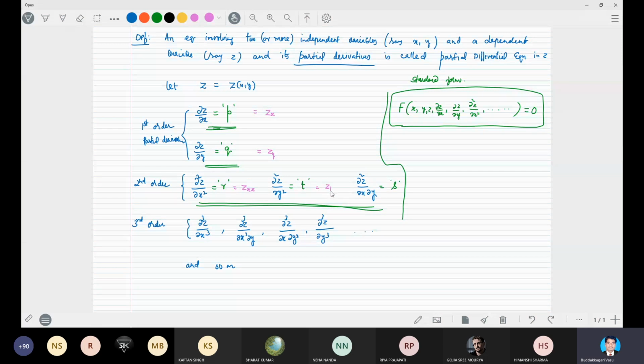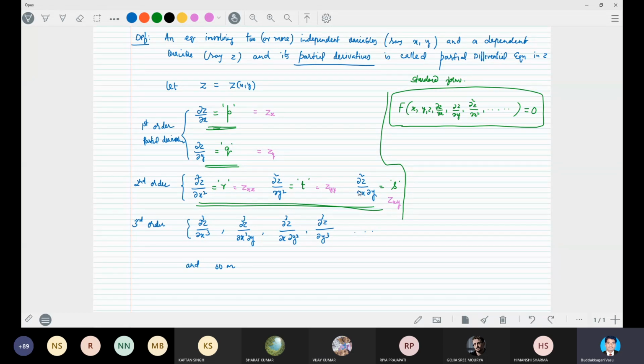Similarly, z_yy is the partial derivative of z with respect to y two times, and this is z_xy.